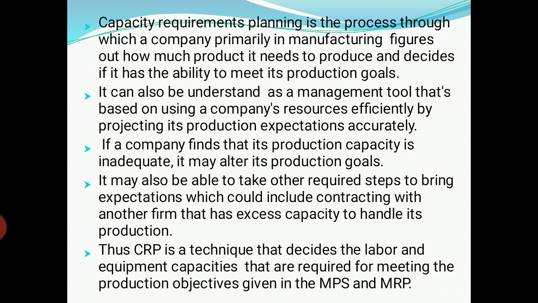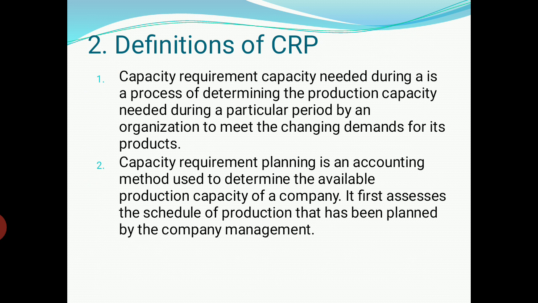Whatever is done at the lower level, if you remember the top-bottom approach, then you must have understood this: MRP, which is taken up at the lower level, according to that requirement we can plan out the production capacities. That is how this technique matches the labor and equipment requirement of the firm with what the firm actually possesses. So likewise CRP becomes a very important technique and tool.